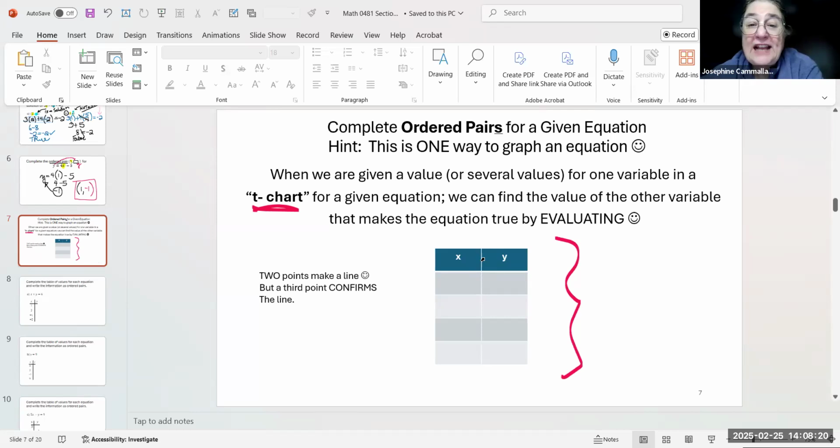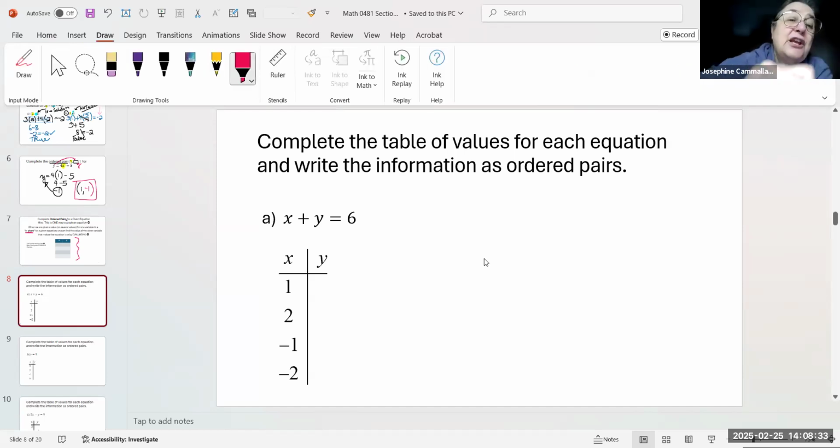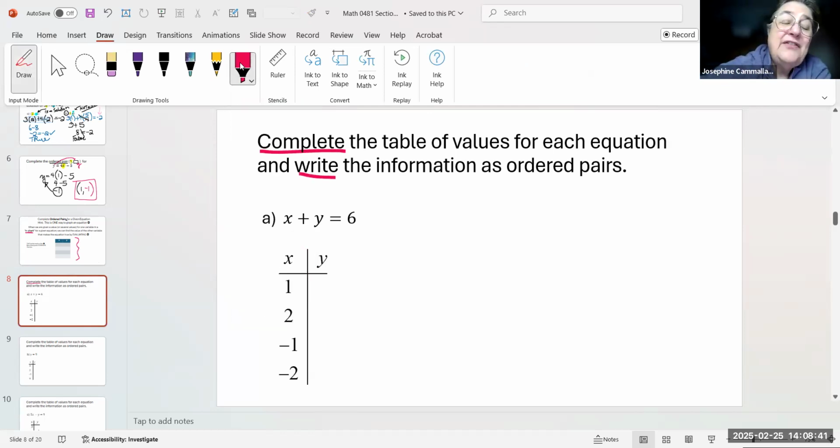Now, with that said, this is more of what a T-table looks like. Now, this time they have 4 values, and they are asking you to complete the table, and write the information as ordered pairs.